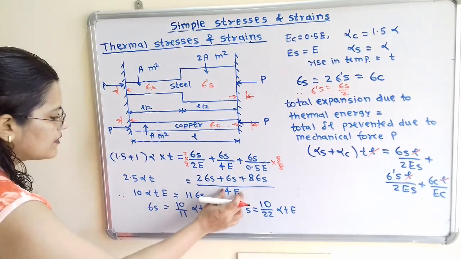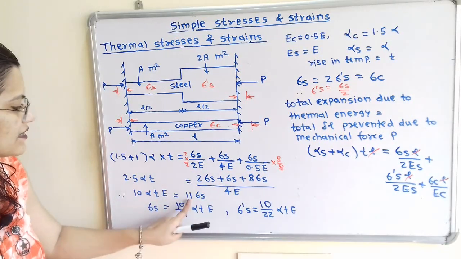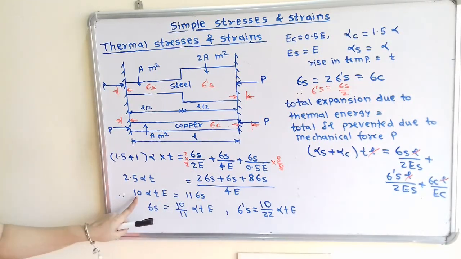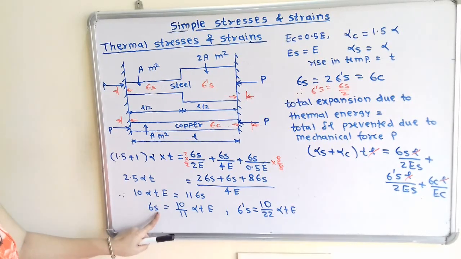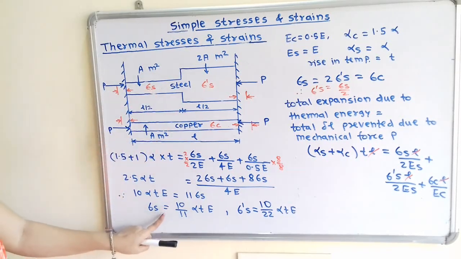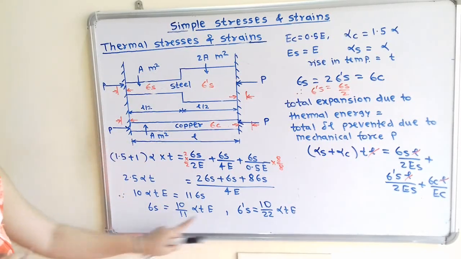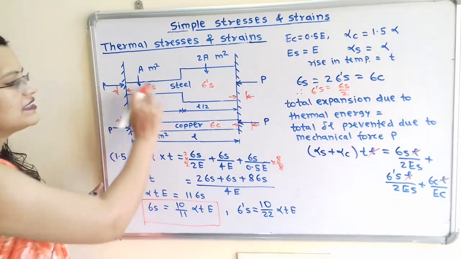Now this 4E we transfer to the left hand side, and on the right hand side there is 11 sigma S equal to 10 alpha TE. Therefore sigma S, the stress in steel, is 10 by 11 alpha TE. So this is the formula to calculate the stress in steel.